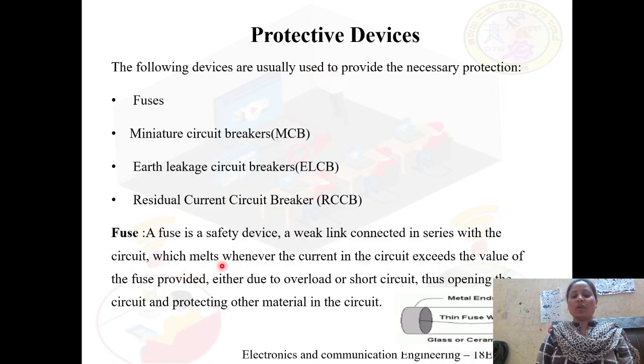Whenever there is a flow of large current, the material will melt, and it disconnects the circuit and avoids the flow of excess current, and hence it gives protection to the appliances which are connected to the load. So this is how the fuse looks.